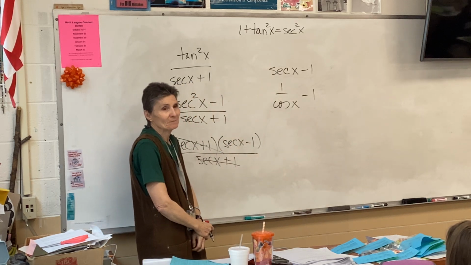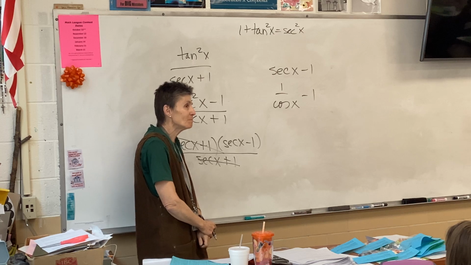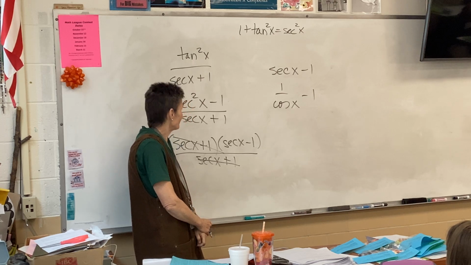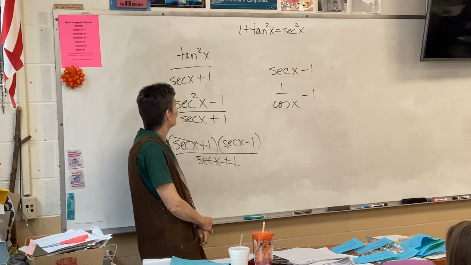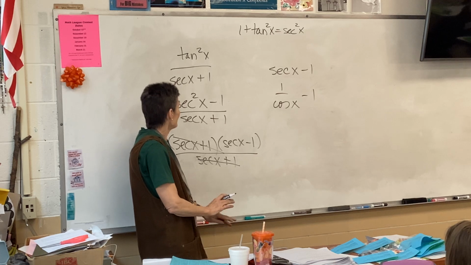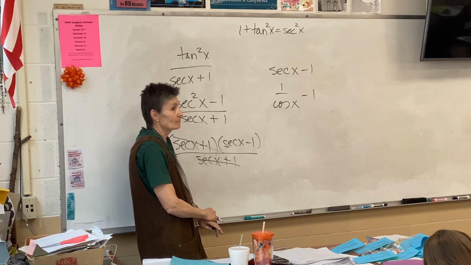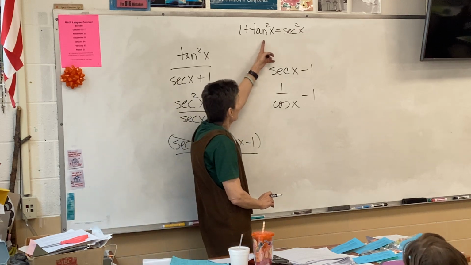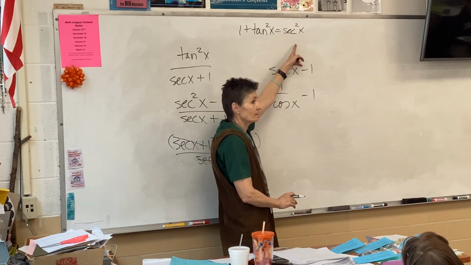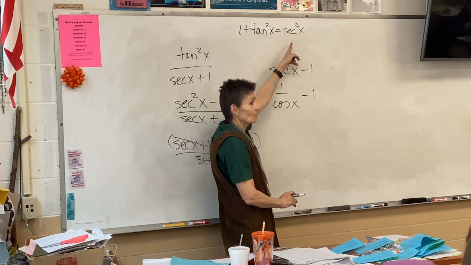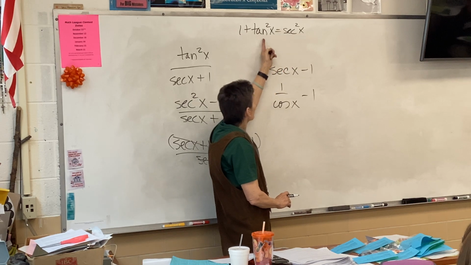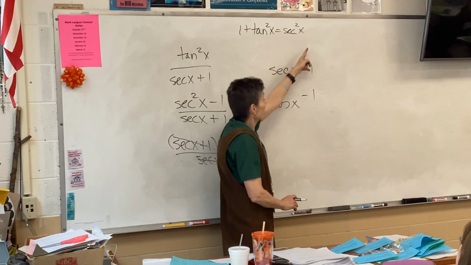You're almost there. You have basically one more step, Ronan. Where'd you get the minus 1 from for the top? Because tangent squared is secant squared minus 1. Yeah, Ronan, tan squared is secant squared minus 1.